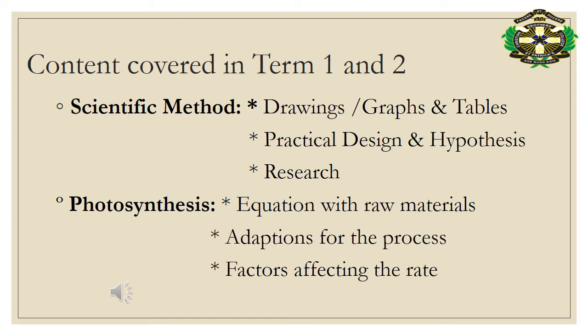The next chapter was photosynthesis. They need to know how to do an equation. What are the raw materials? What are the adaptations for the process regarding the plant, the leaf itself, to be able to have the process of photosynthesis taking place? Then there are certain factors in the environment that will affect the rate of photosynthesis.